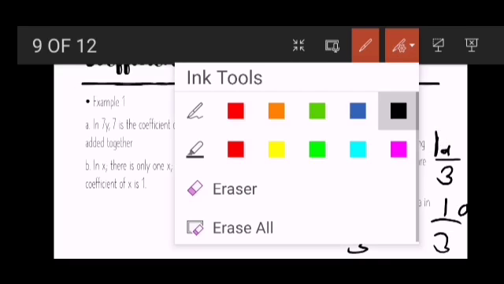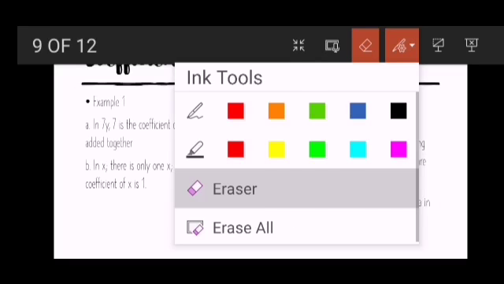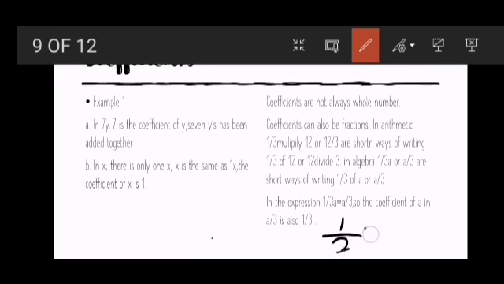A short way of writing 1/3 times a is a/3. In an expression, 1/3a is equal to a/3. So the coefficient of a in a/3 is also 1/3. That's the coefficient of that.